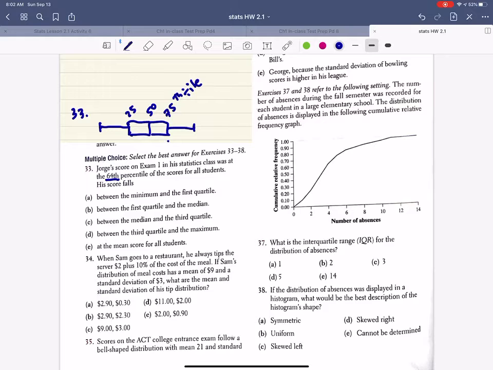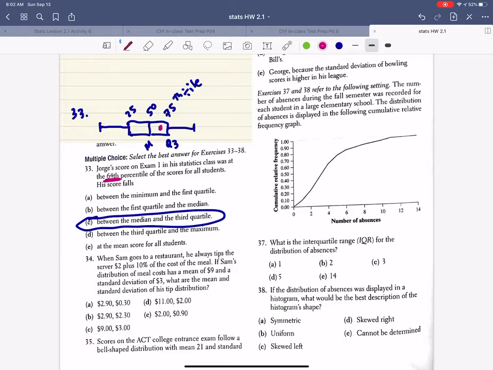And that's our quarter 3, and this is our median. So I'm going to pick C, the 64th would fit somewhere about there. That would be George's score in the box plot, right?